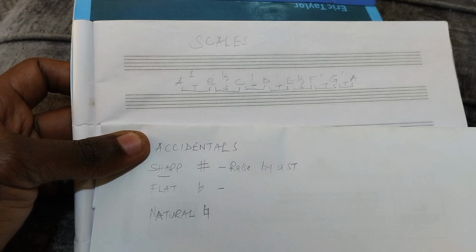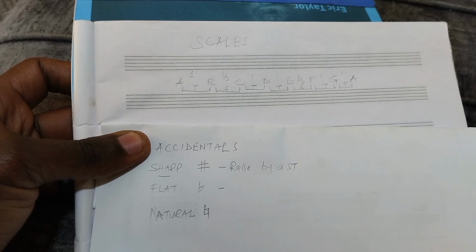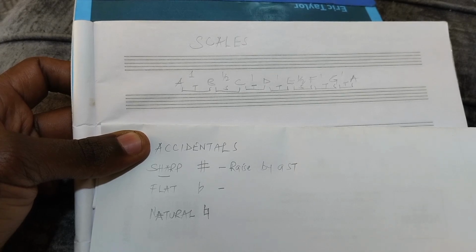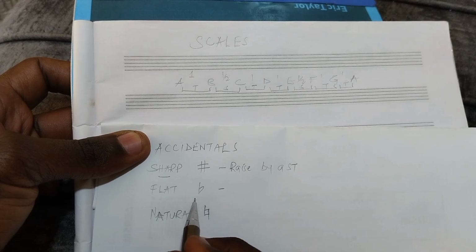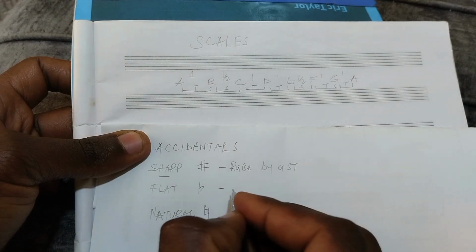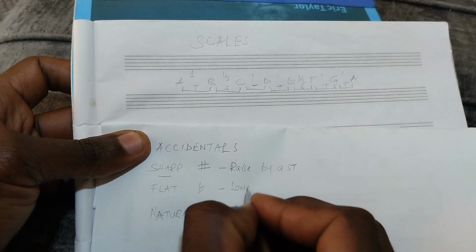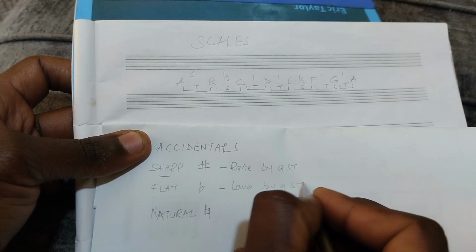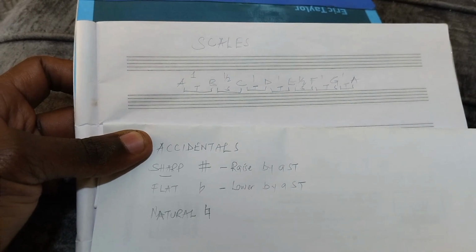Now, if you have got A, then you have A sharp. In our natural, A will not sound as A. It will sound a bit higher by a semitone when you have seen a sharp. When you have seen a flat with a symbol like this, we are going to have that pitch lowered by a semitone, by a half a tone.